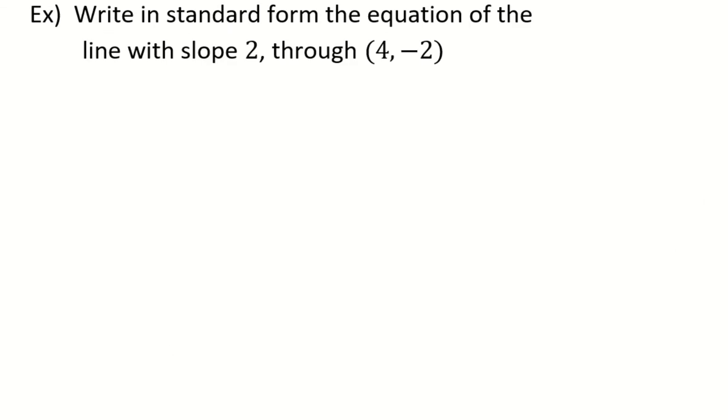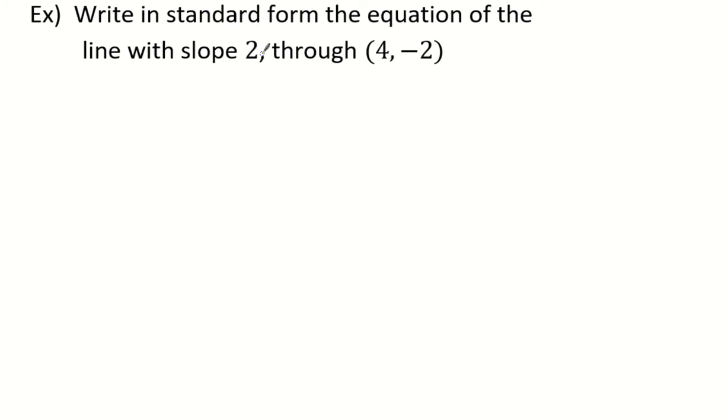So here's a pretty good example to get us rolling. Write in standard form the equation of the line with a slope of 2, but it contains this point. Well, just because they want the equation in standard form, you can't start in standard form.